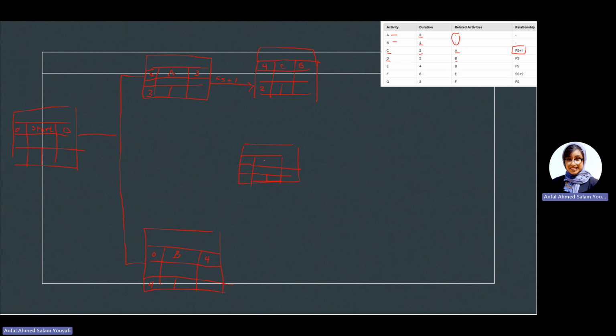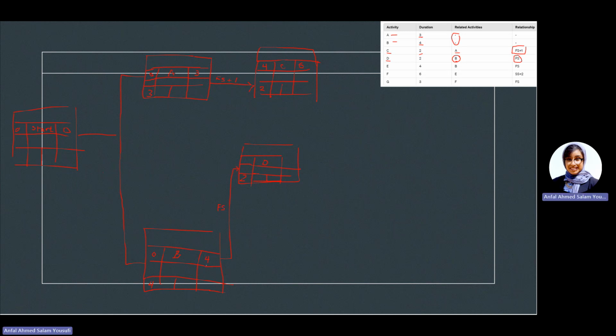So my D in here has duration 2, and the related activity is B, and the relationship is finish start. What does finish start mean? You are supposed to finish B and then start D. Meaning whenever you finish B, which is in day number 4, that is when you can start your D. So that is finish start.